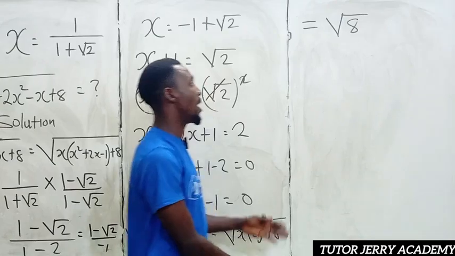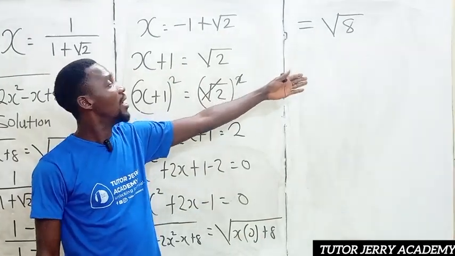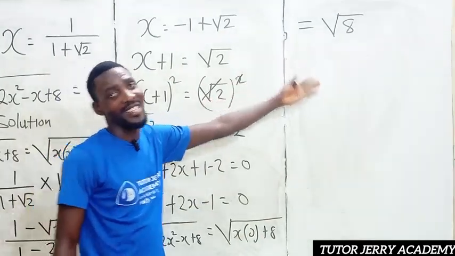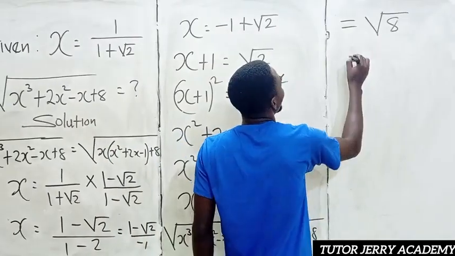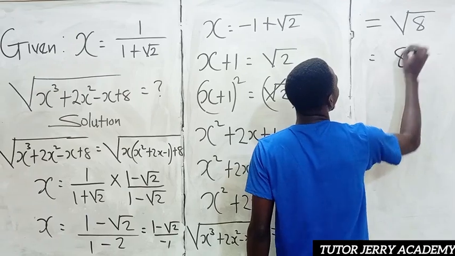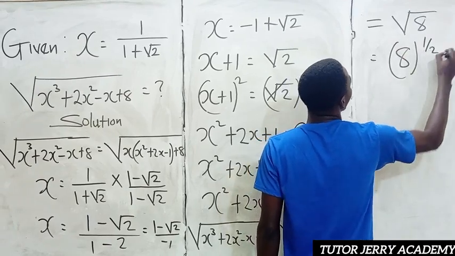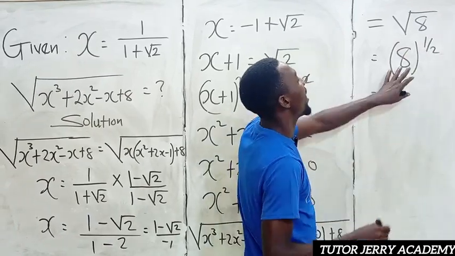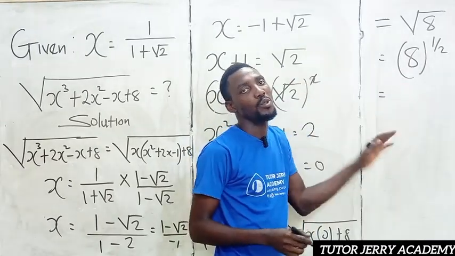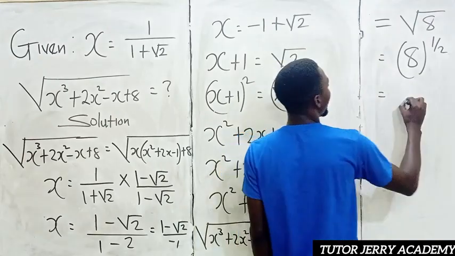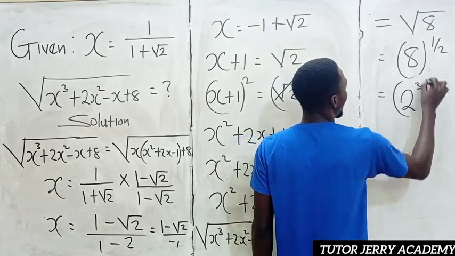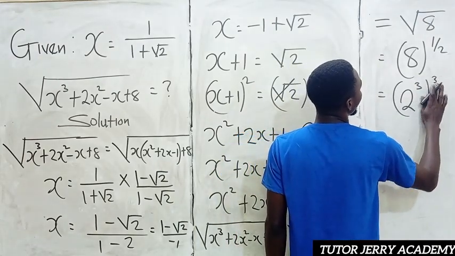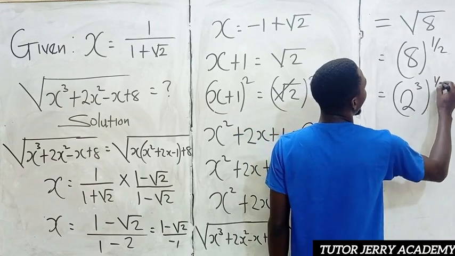You can decide to leave your answer like this, and if you want to show more, you can write this as 8 to the power of 1 over 2. You know that your 8 here is 2 to the power of 3. So we can write this as 2 to the power of 3, to the power of 1 over 2.